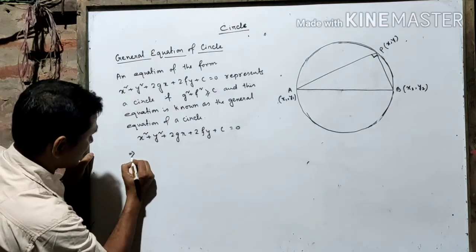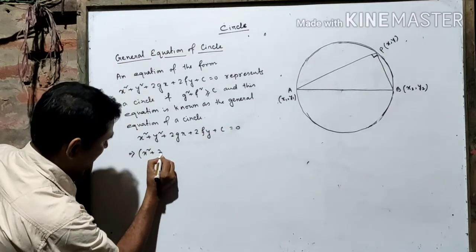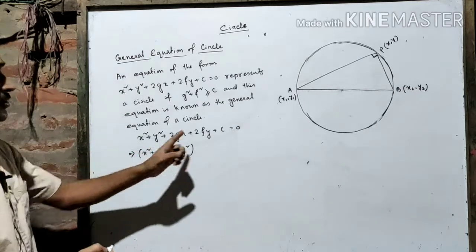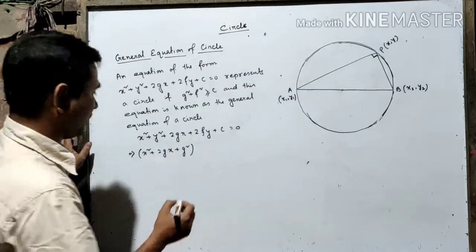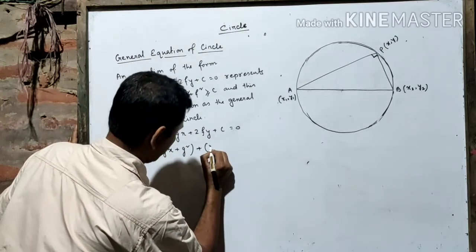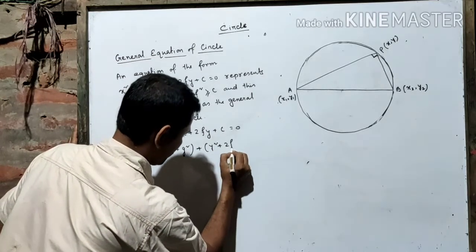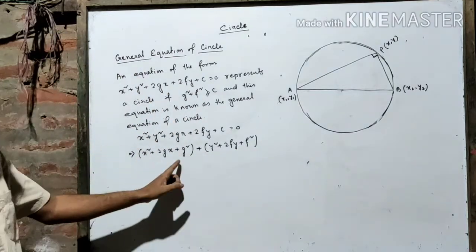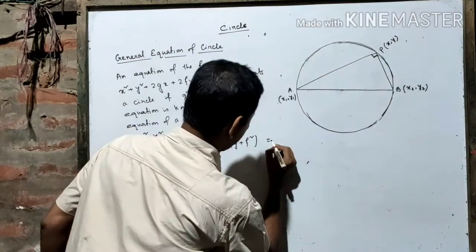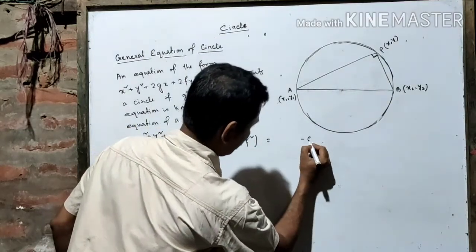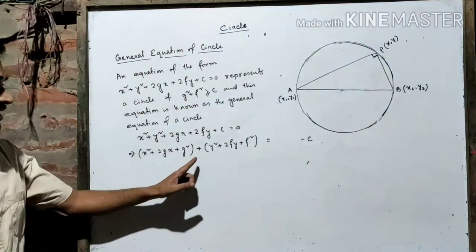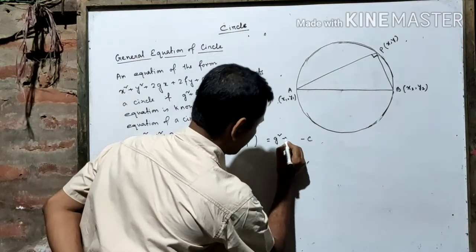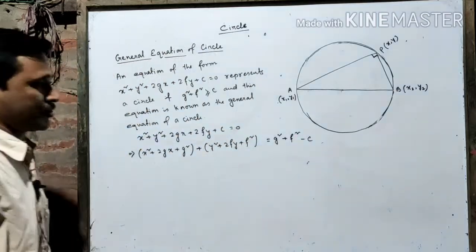Let us rearrange it. x squared plus 2gx plus g squared, there is no g squared in the equation, we have added it here, plus y squared plus 2fy plus f squared. We have taken g squared and f squared extra. This is equal to, c brought to that side, minus c. Now we have added g squared plus f squared on the left hand side, so to balance, we will add g squared plus f squared on the right hand side also.